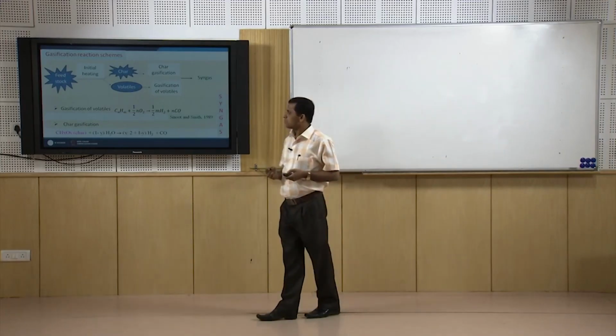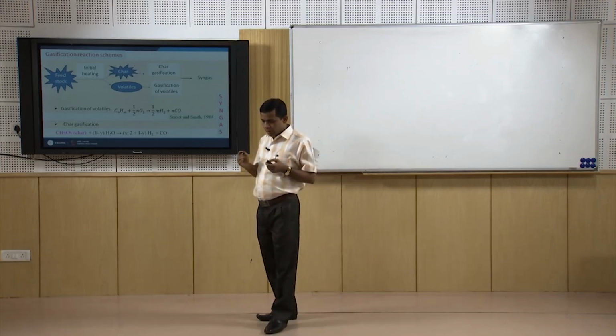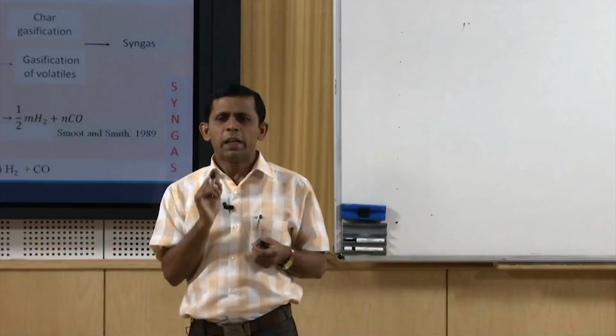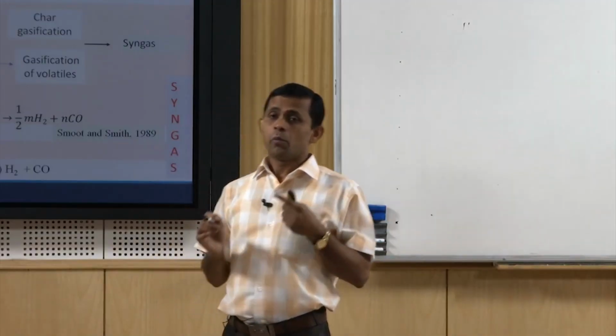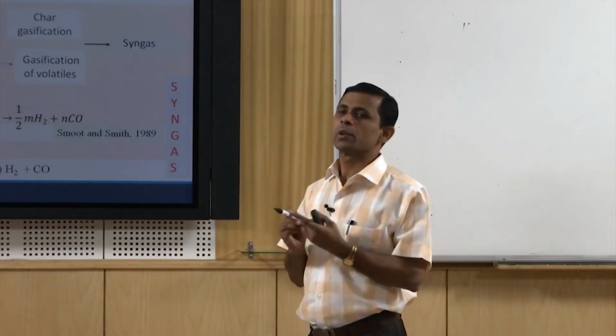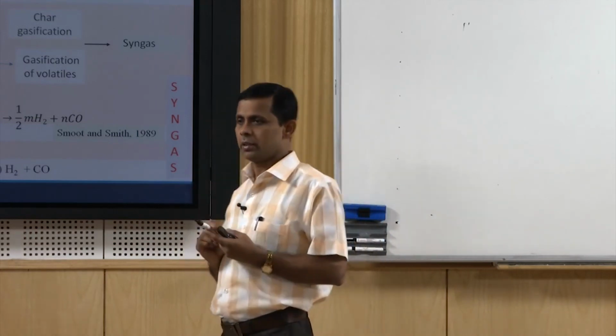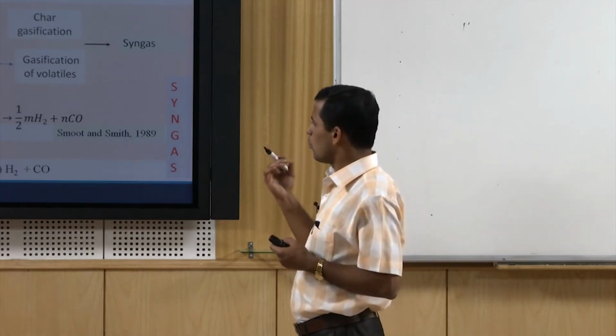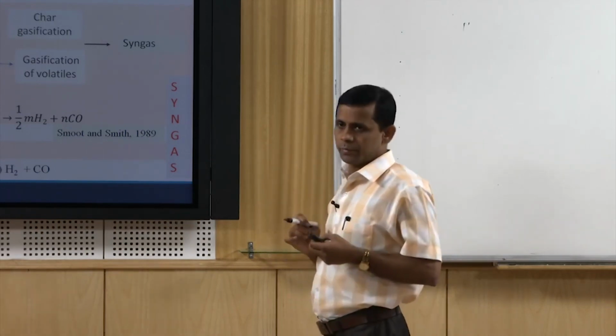Now, we will see reaction schemes. So far we have discussed very basic chemistry on the basis of elemental conversion, taking only pure carbon, with no impurities considered. Here we will discuss some more representative schemes.